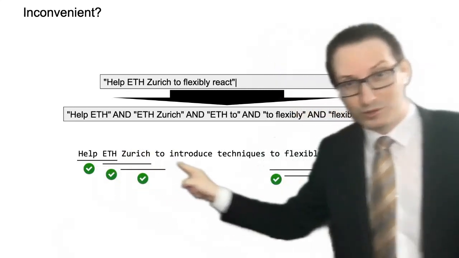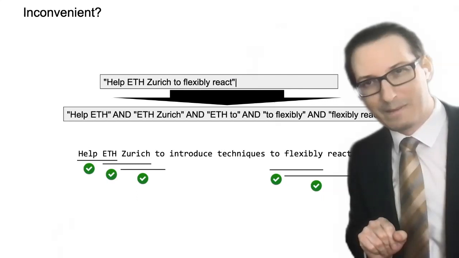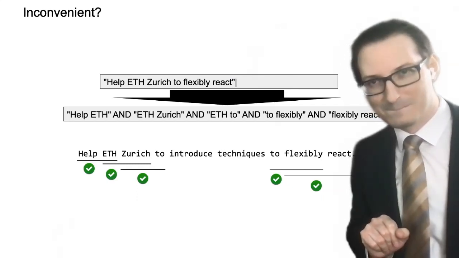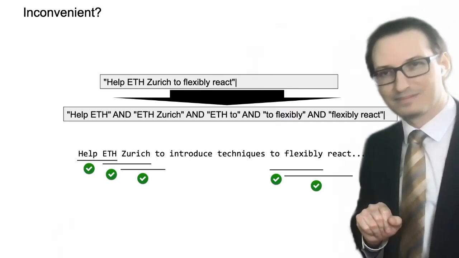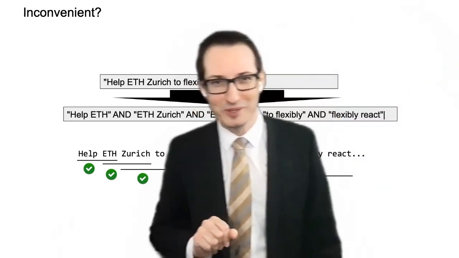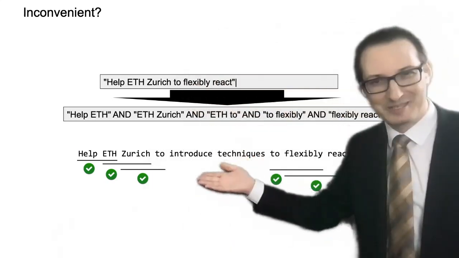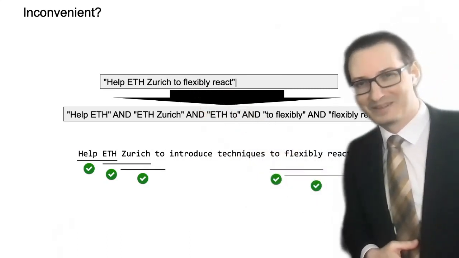But is this document actually an answer to the original query? Is it? Is it not? Maybe the question is too easy because it's too obvious, but still I'm asking, is this document a correct answer to this query?